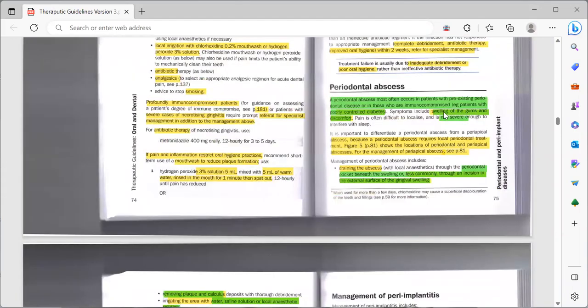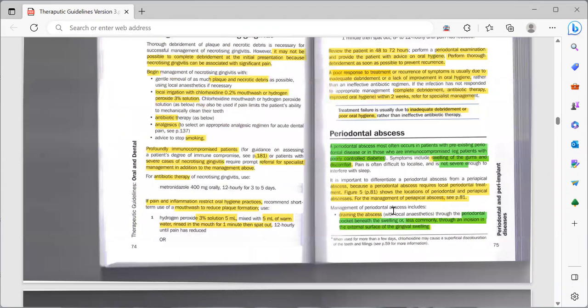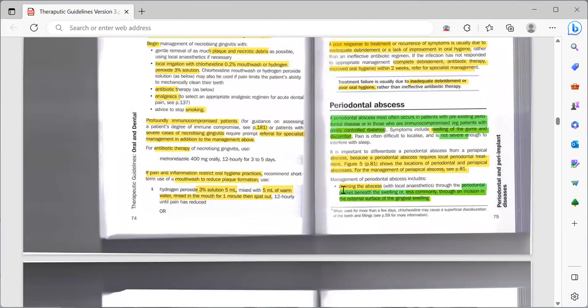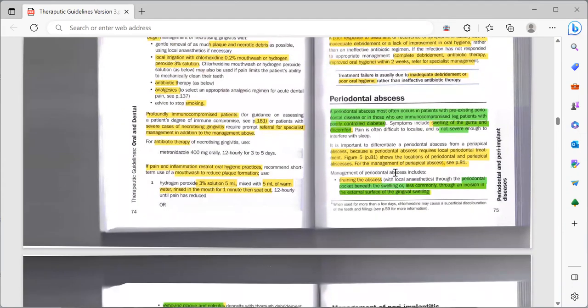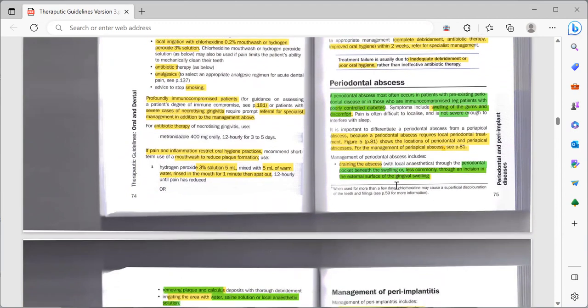All right, so coming back to the management of periodontal abscess, first of all, if there is an abscess, it means there is a bag full of pus there, so you need to drain it, right? Drain the abscess with local anesthetic through the periodontal pocket, and the drainage would be through the pocket only.